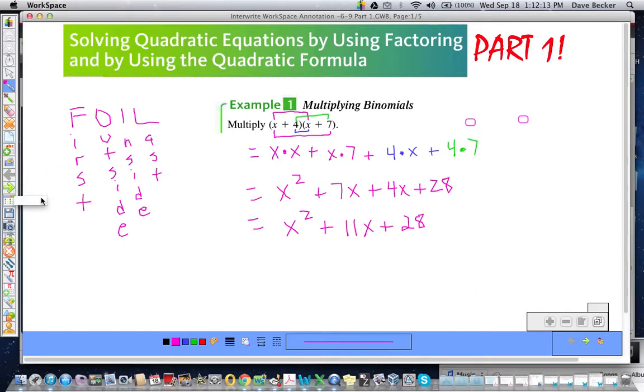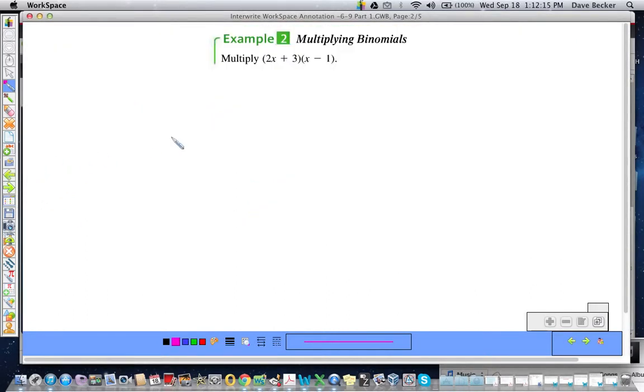Okay, so we move forward. Things could be a little different. This is just a little bit different. We have a plus and a minus, and we have a coefficient in front of our x term. So using FOIL, we take 2x times x, first terms. Outside terms, 2x times negative 1.